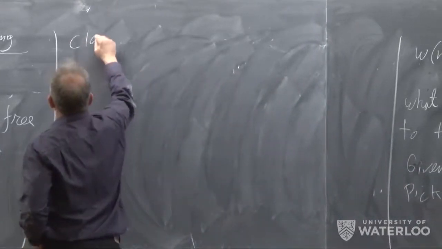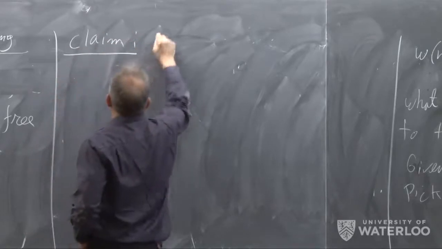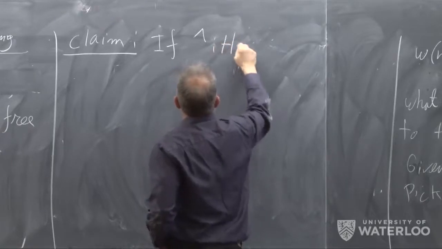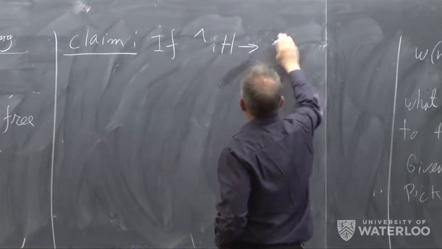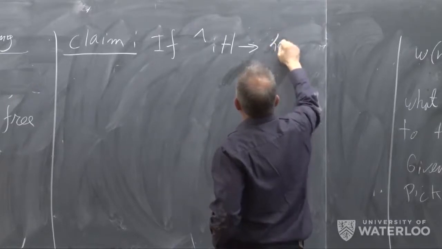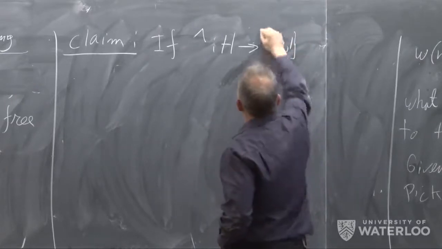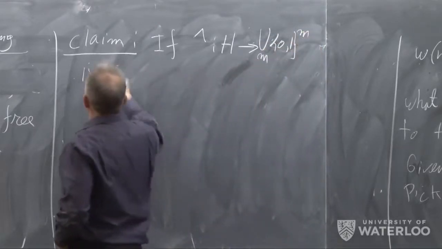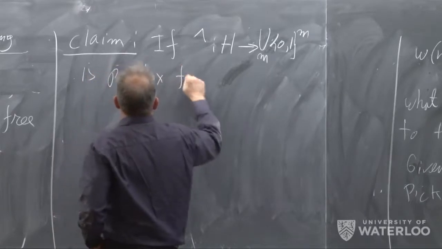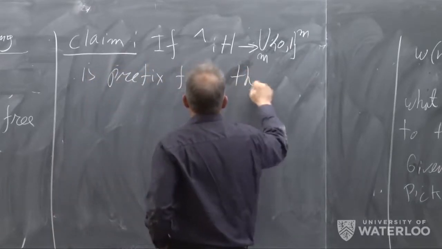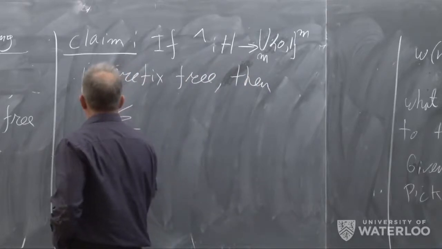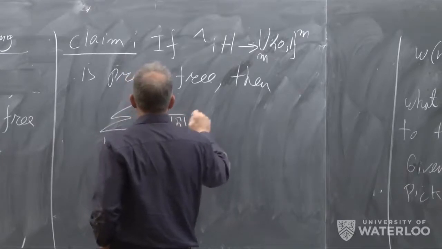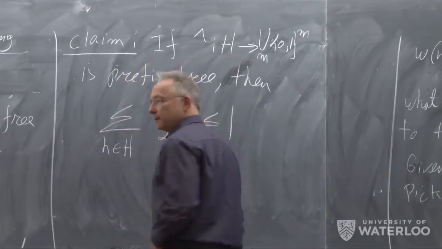So I have here a claim that says that if this function that goes from h to a binary string, so it's 0, 1, union over all lengths of 0, 1 to the m, is prefix free, then the sum over all h's in h of 1 over 2 to the length of the description of h is at most 1.